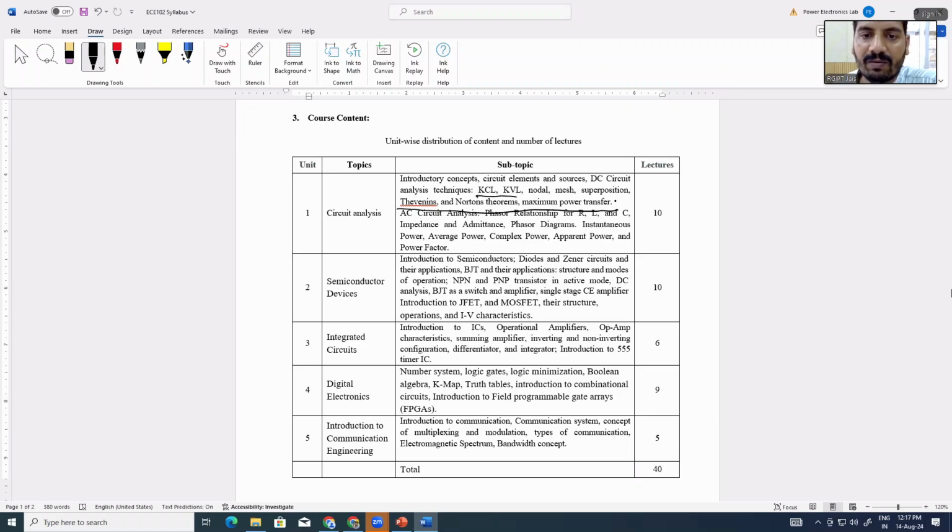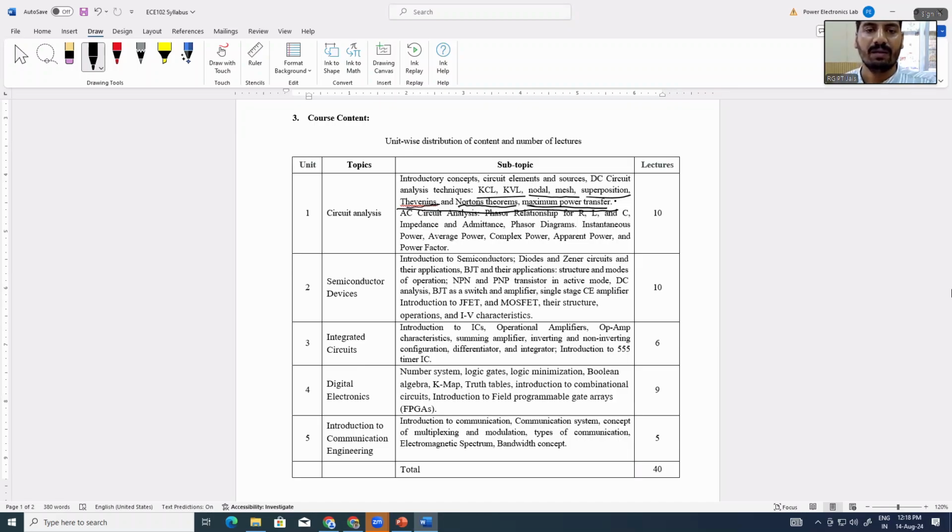For that, the first two basic laws are Kirchhoff's current law and Kirchhoff's voltage law. Then you will study nodal and mesh analysis, another circuit analysis technique. Then there are four network theorems: superposition theorem, Thevenin's theorem, Norton's theorem, and maximum power transfer theorem.